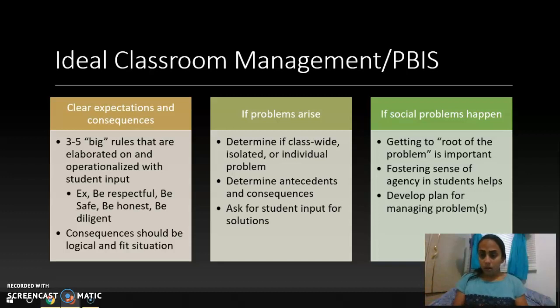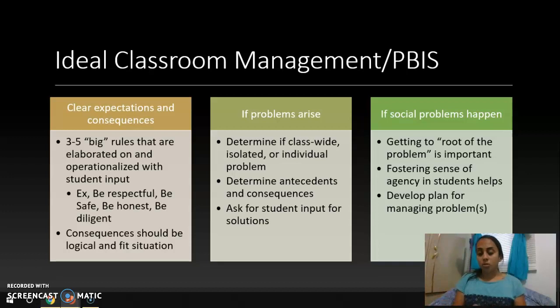And if social problems happen, it's important to get to the root of the problem, as is fostering a sense of agency. So helping students understand that they have control over their reactions to what happens, even if they don't always have control over what happens.